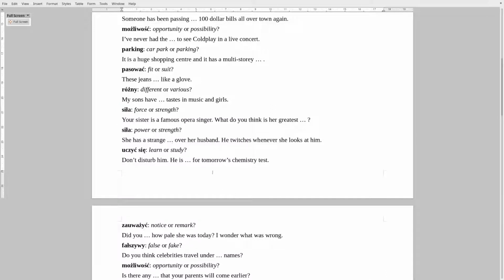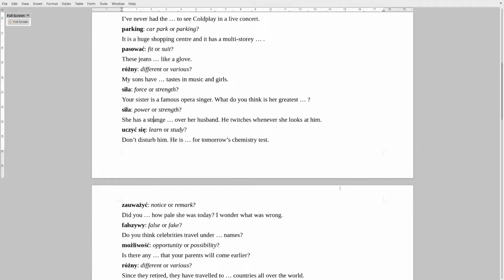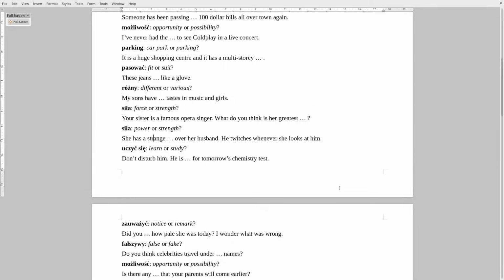But we also have a translation of this word. So it can also be translated as power or strength. So she has a strange power over her husband. He twitches whenever she looks at him. Right? So to have power over somebody.